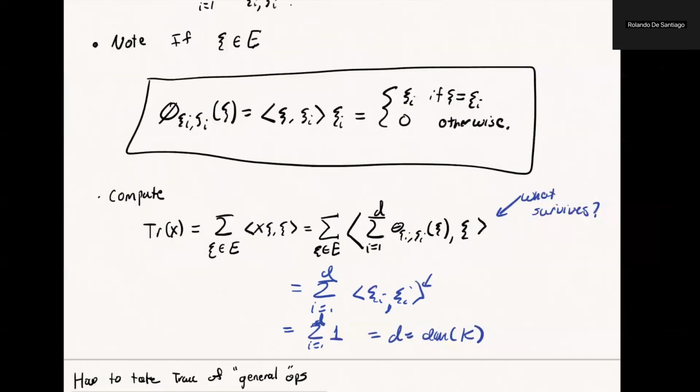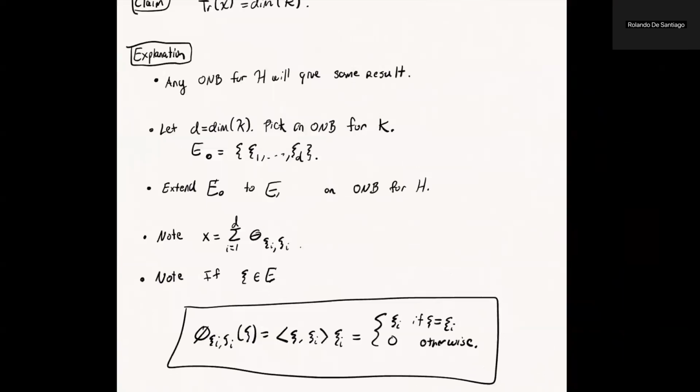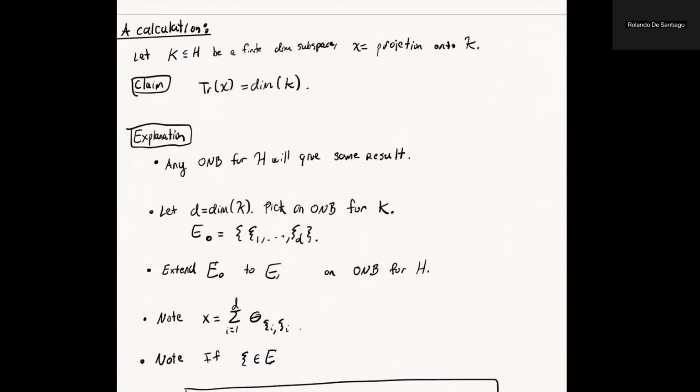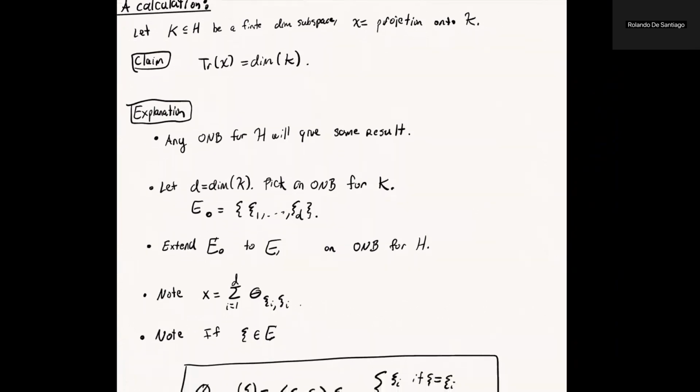And you can go back to this problem and you can check that this doesn't really depend on finite dimensionality. It just sort of made my life a little bit easier. The claim that I have here is that if you start with a subspace of H, the trace of the orthogonal projection onto K is going to be exactly the same as the dimension of that subspace. So the dimension will be finite or infinite, and the trace will tell you exactly that.